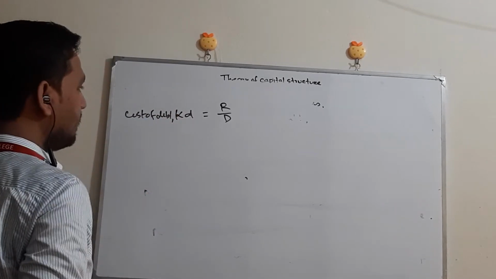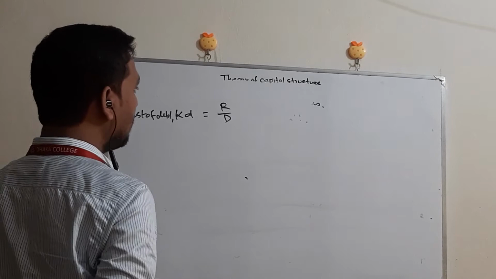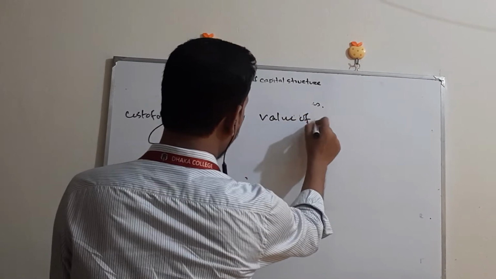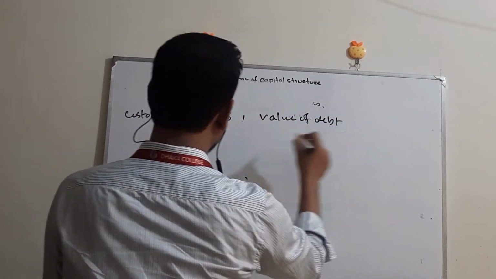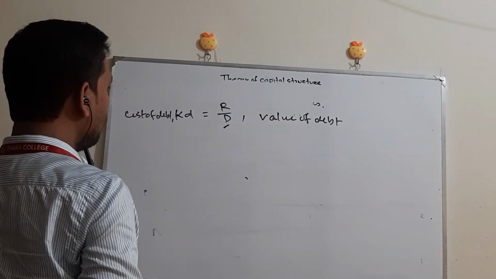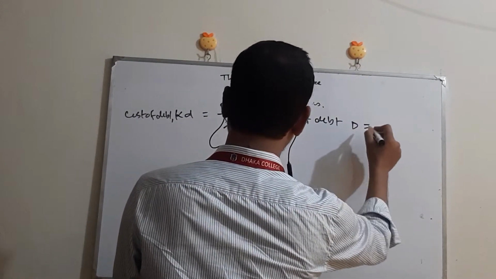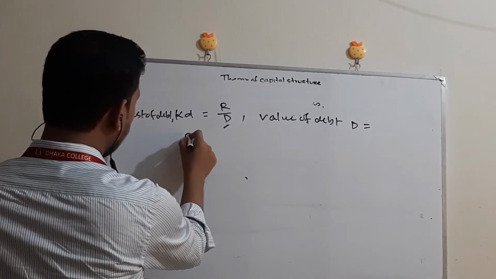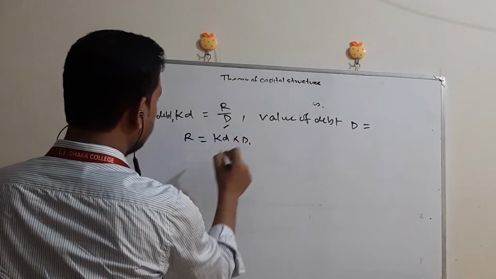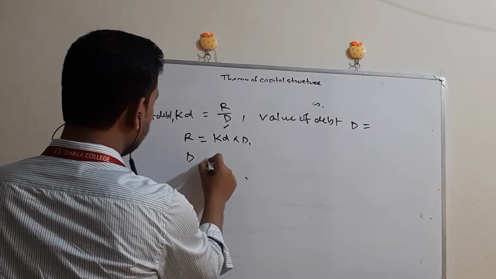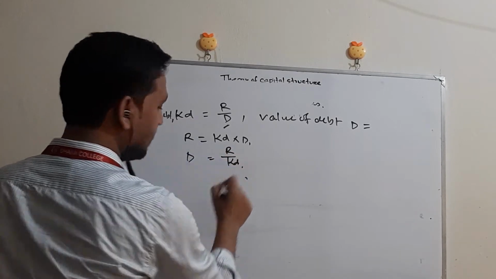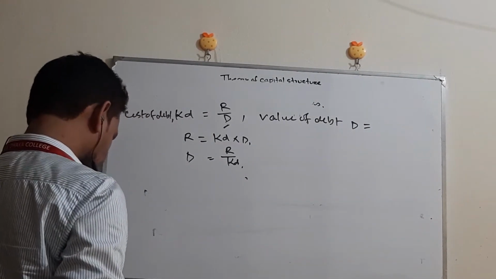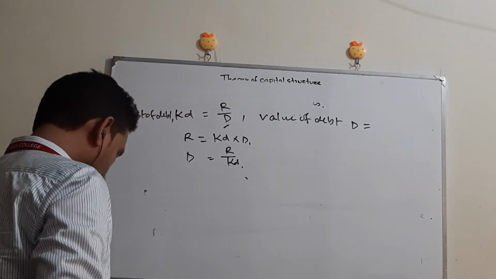KD equals R by D. If we want the value of debt, D: R equals KD into D. So D equals R by KD. Okay? D equals R by KD.